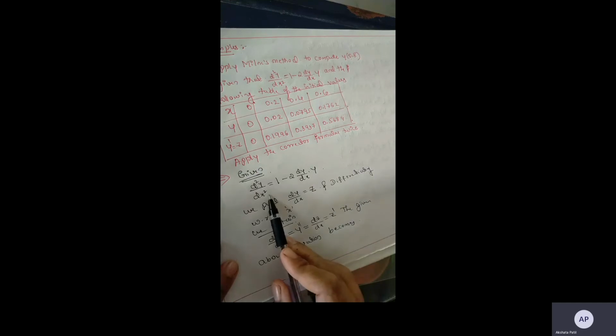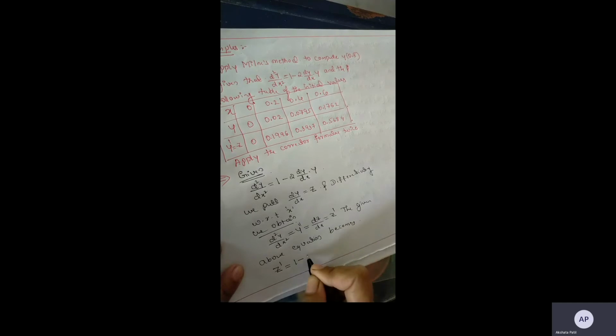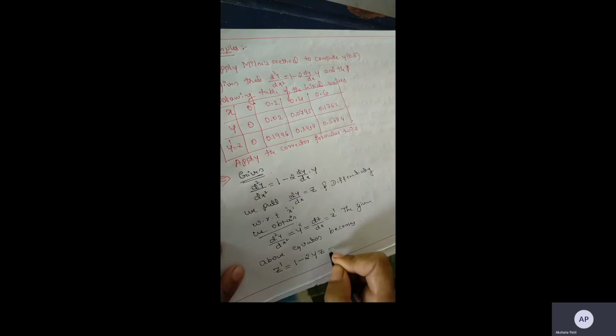Then d square y divided by dx square reduces to z dash, which equals 1 minus 2y into dy by dx, which is z. So here we get z dash equals 1 minus 2yz.